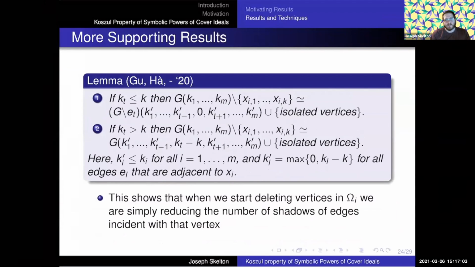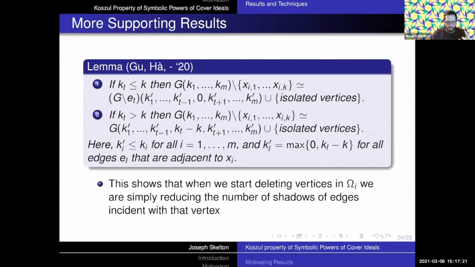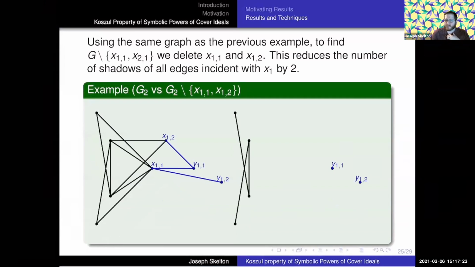This theorem basically says if you delete enough vertices, it's equivalent to an incident edge never having been in your graph, or reducing the number of copies of that edge by so many terms. So again, you can see that here.